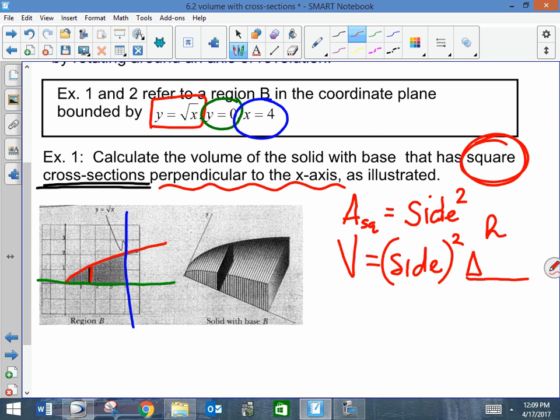That's a square looking at you. All you're seeing is the width, though. Is it going to be changing x or changing y? Changing x. And that's the same reason that we did it before: if it touches the x, it's going to be changing x. If it touches the y, when extended, it's changing y. But you don't have to make a decision or ask how do I want to do this, because that's very specific.